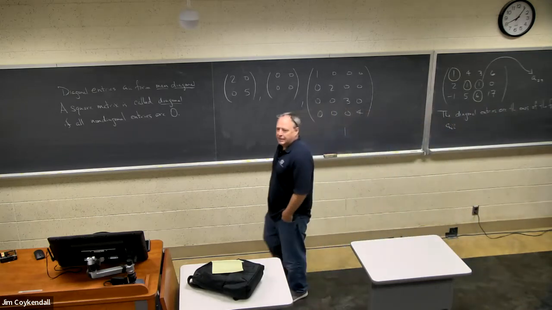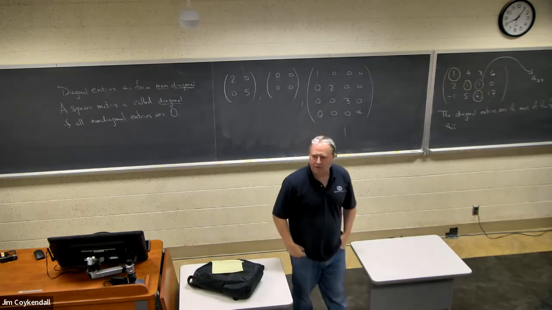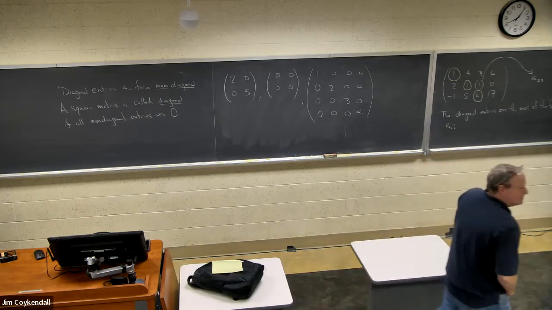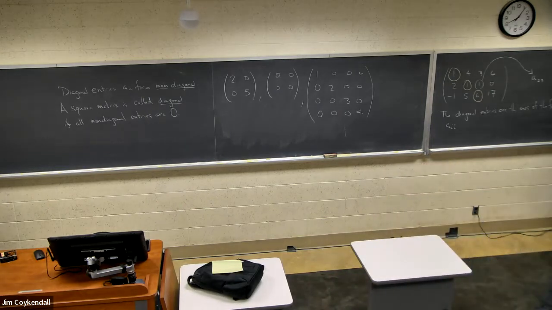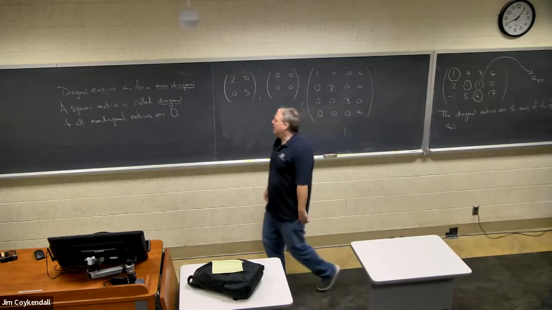By the way, does anybody know a special matrix that's always diagonal? Anybody identify it? Yes. The identity matrix is always diagonal, right? Because what happens in the identity matrix, you have ones on the diagonal and zeros everywhere else. So that's kind of a big encompassing example of diagonal matrices.